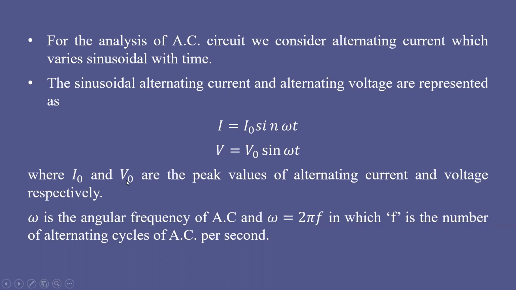Here I naught and V naught are the peak values of alternating current, that is, the peak current and peak voltage respectively. And here omega represents the angular frequency of AC. We know that AC changes its direction in a periodic way.